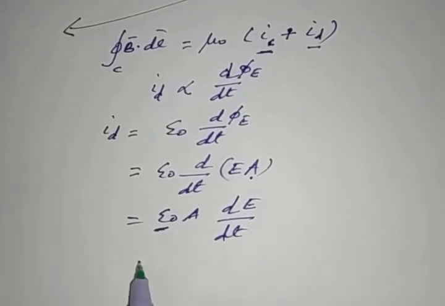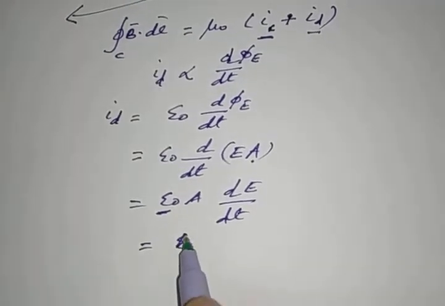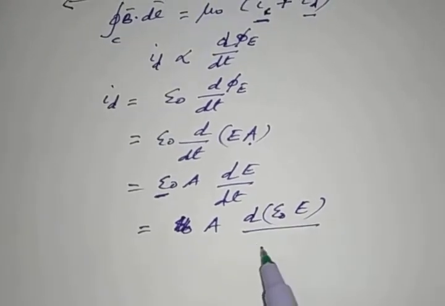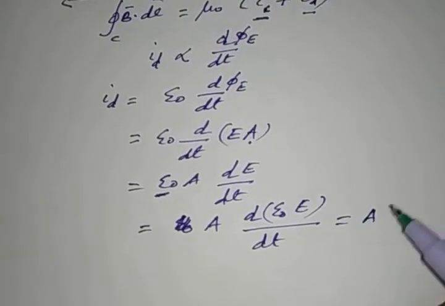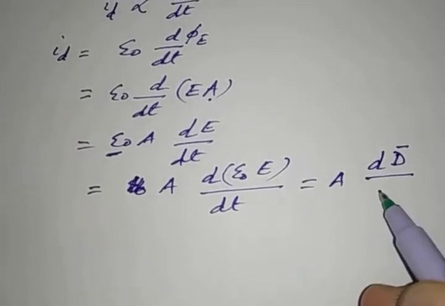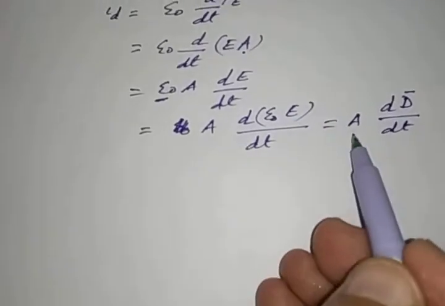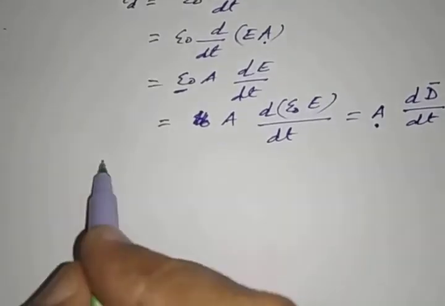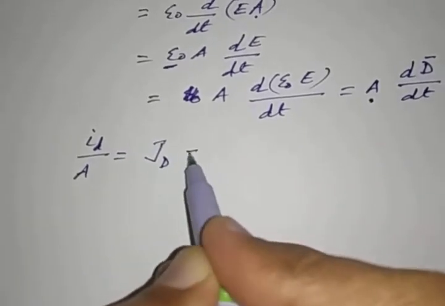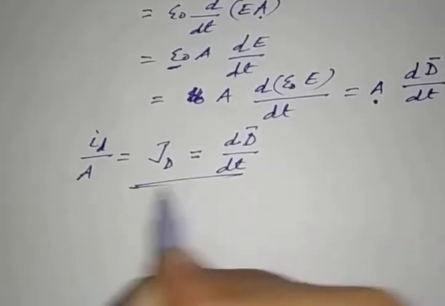And if we take this in, which is actually the displacement vector, and if we divide by A, we take this A to the left hand side, it comes out to be displacement current density, which will be equal to this.